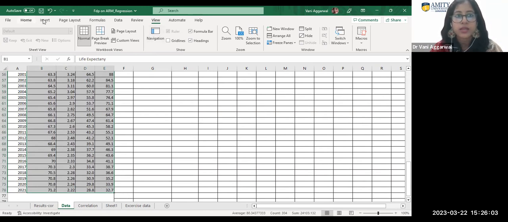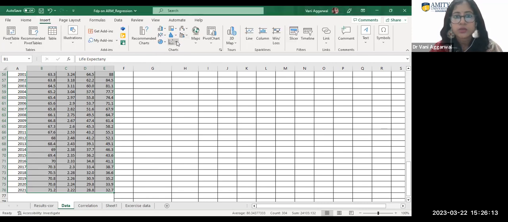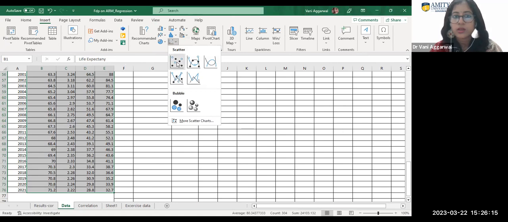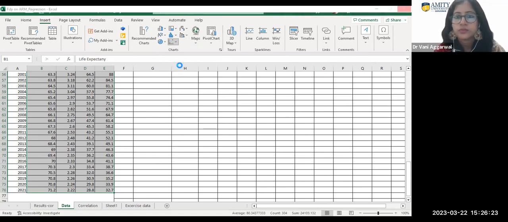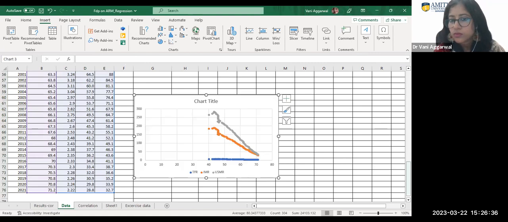Now you know how to draw a scatter plot. Go to Insert. There are two ways to draw a scatter plot. You can click on this scatter plot, the first one, and it is giving you some results.